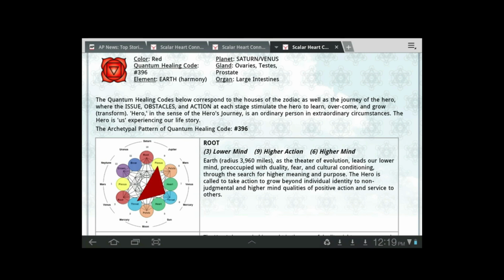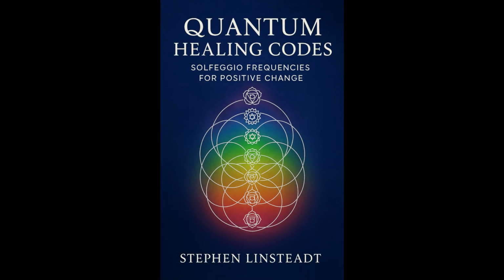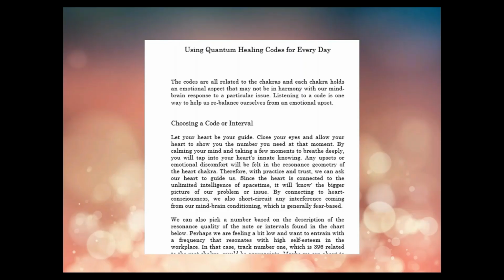And within the program of Scalar Heart Connection, it really just gives us deeper insight to perhaps what the archetypal pattern or lesson is that our heart is trying to show us. There's more information in terms of the geometry and how this all comes together in the book Quantum Healing Codes.